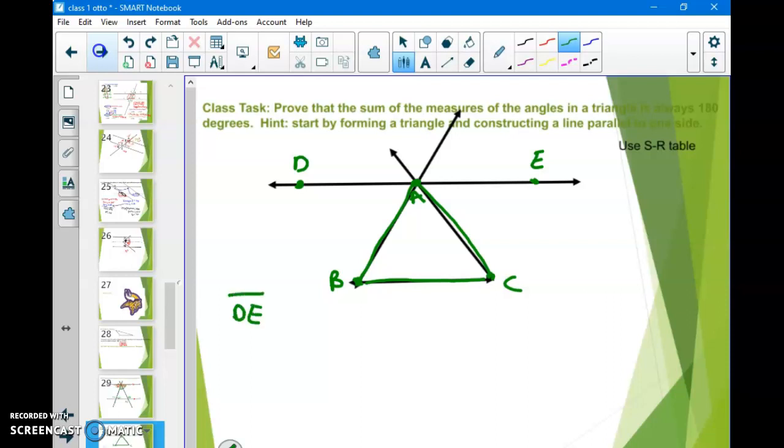So we're going to use those points, and then we're going to say, hey, DE is parallel, that's the symbol for parallel, to BC, and BC is a segment, so I'm not going to get all crazy putting a line above that. Okay?